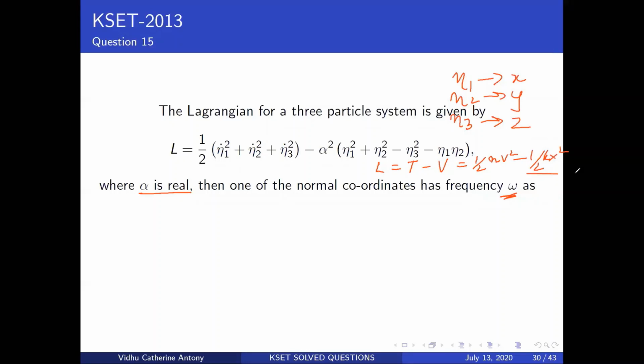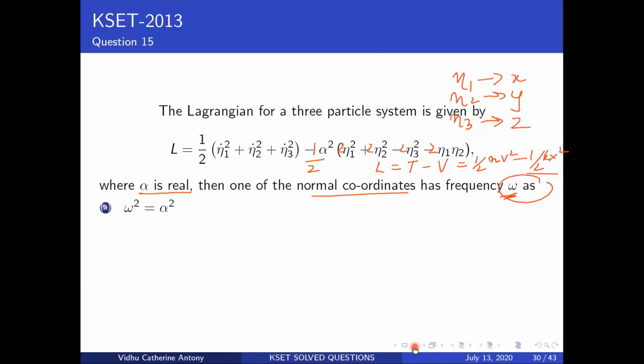We're looking at oscillating systems, right? So what do you do now? You're supposed to have a half here, okay? And you're supposed to multiply each of these with a 2, and then you go on to simplify this way, okay? So one of the normal coordinates has a frequency omega as, what do you do? Just a minute, let me just take a spotlight.